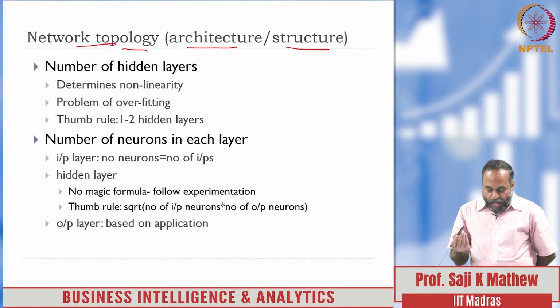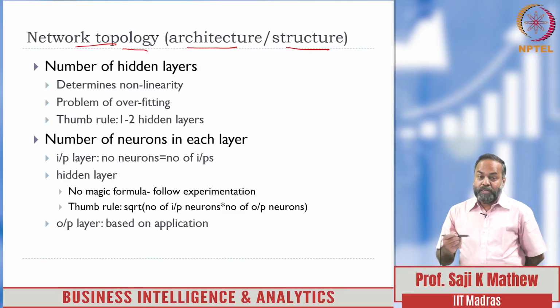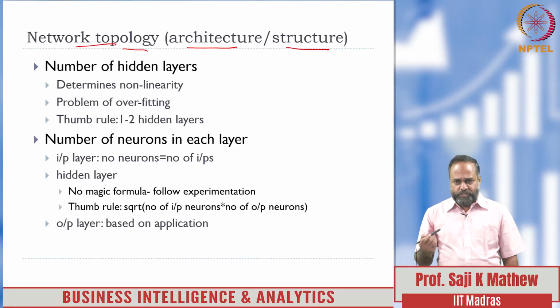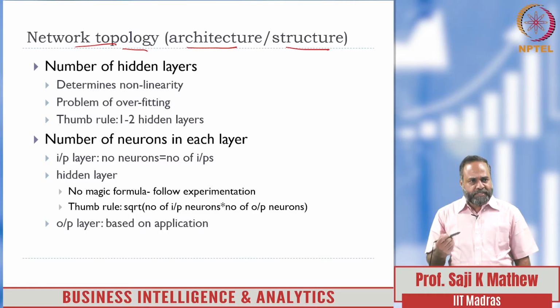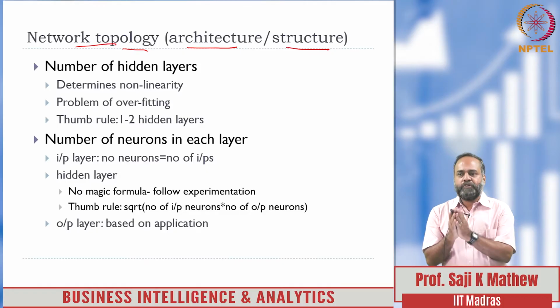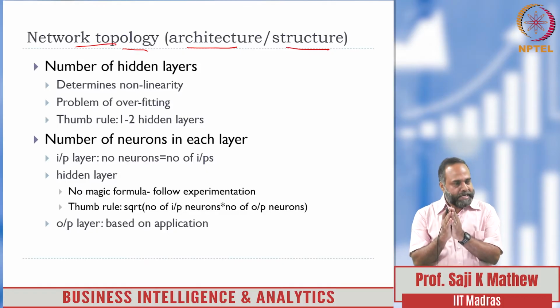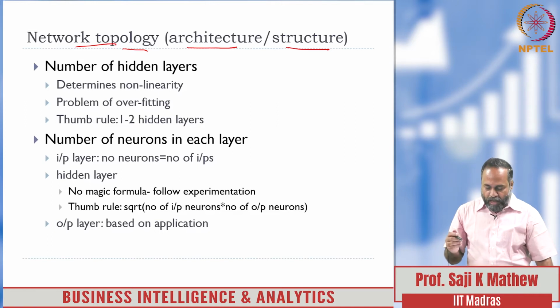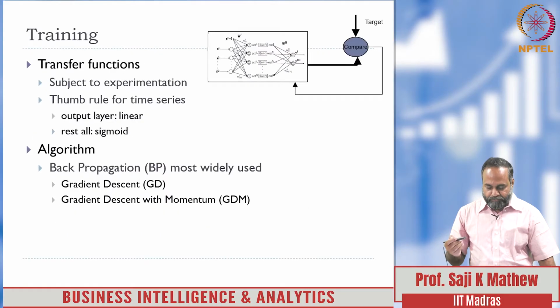So these are already discussed, and then also the transfer function for each layer. We discussed the general principle that for the hidden layer the transfer function can be non-linear, but for the output layer it has to be linear. There are of course reasons for that, and we are not going into that aspect.